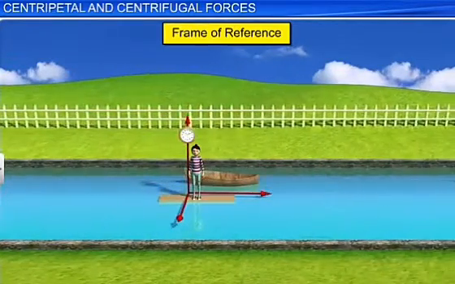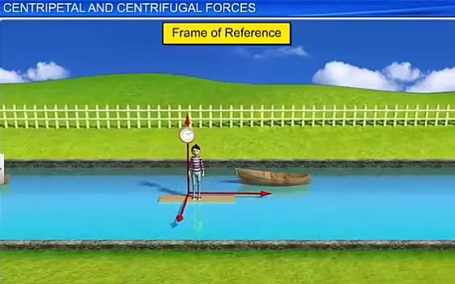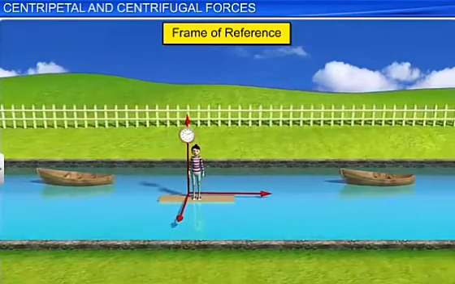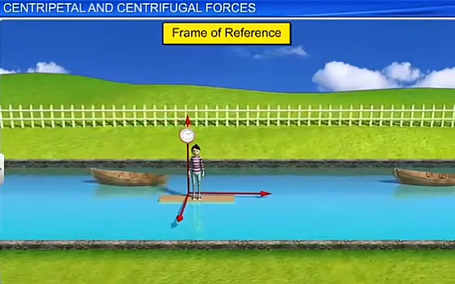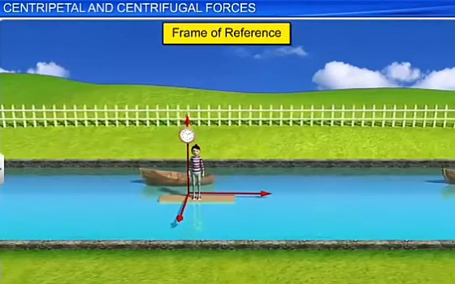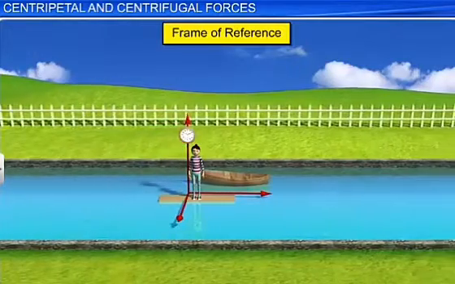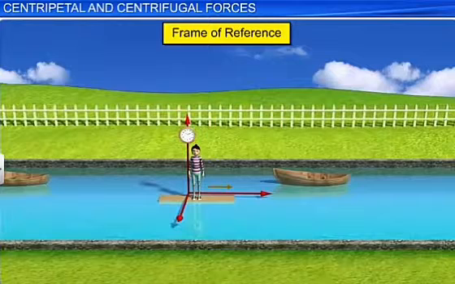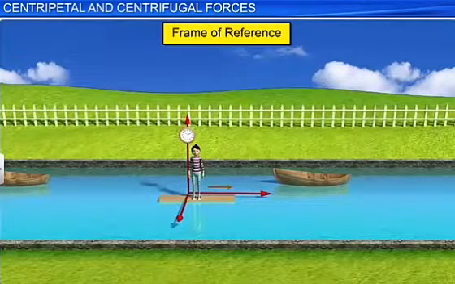Let us now attach the reference frame to the wooden plank. Let us see how Sarita observes the surroundings when her frame of reference is attached to the wooden plank. The frame of reference is now moving with some velocity with respect to the ground.